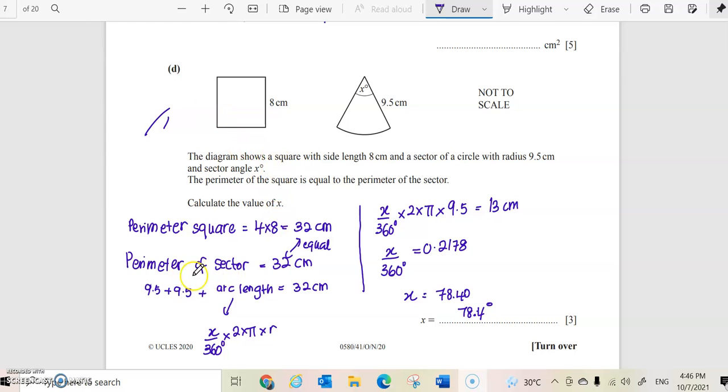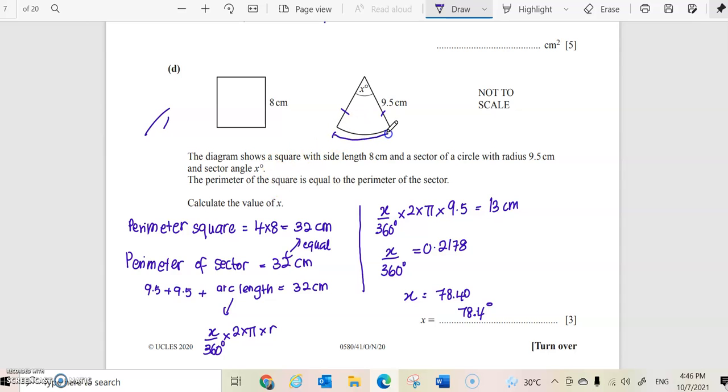Since it is equal to the perimeter of the sector, we equate to the equation for the perimeter of the sector, which is 9.5 plus 9.5, and then plus the arc length here. This is the arc length.